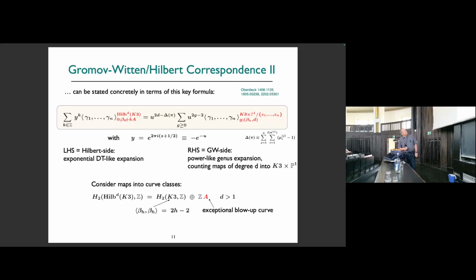And you see it already from the notation here, it's a power-like genus expansion, yeah, where we count maps of degree d of the genus g surfaces into K3 cross P1. Yeah. And there's an extra minus sign here. This refers to Kuhlmann's question. It means that in this map, there's also a little B field hidden. And here, I'm not sure on which side one should put the B field. Yeah. So, but this expansion here and this one are relatively shifted by this B field. Yeah.